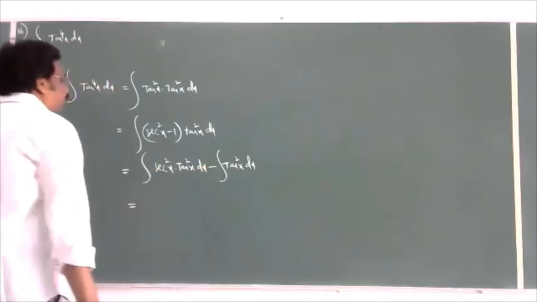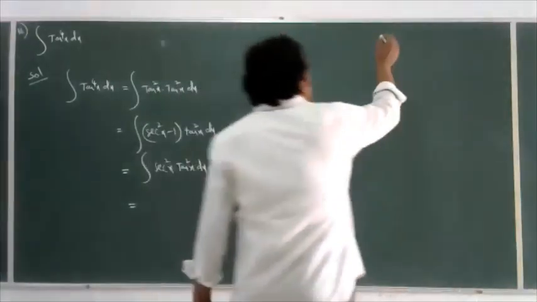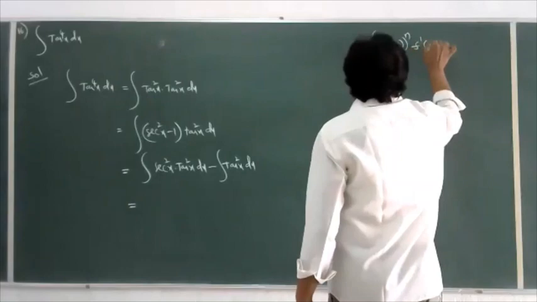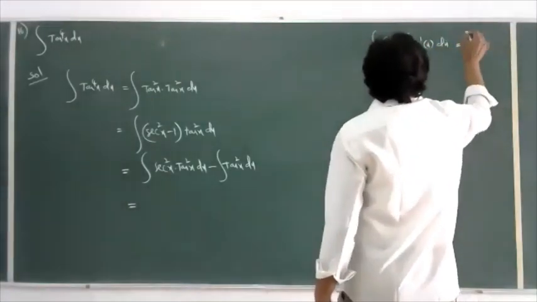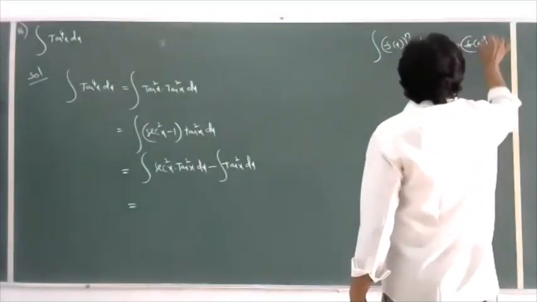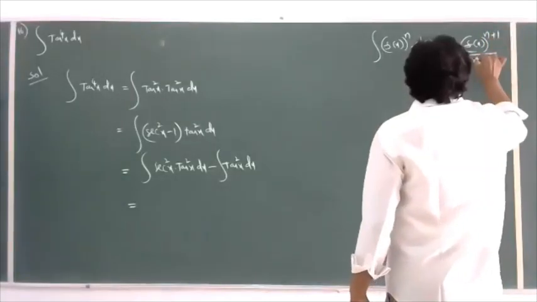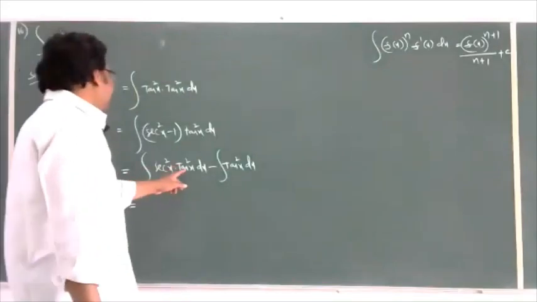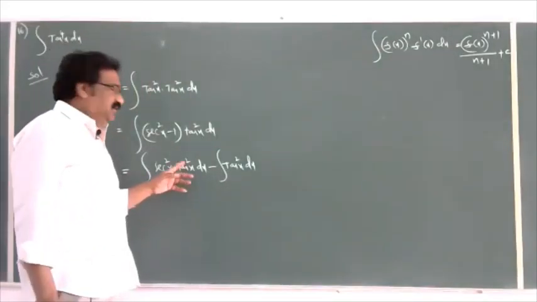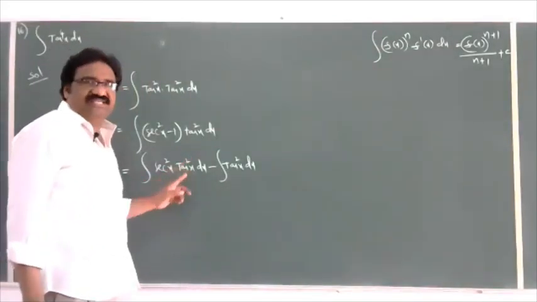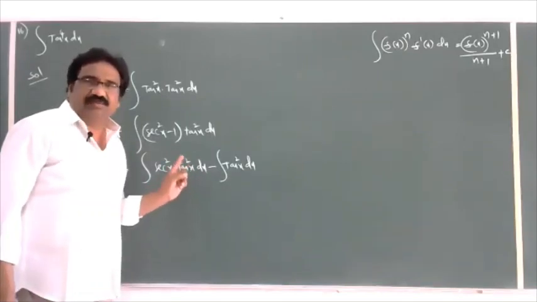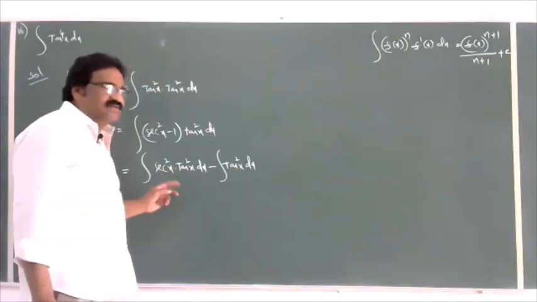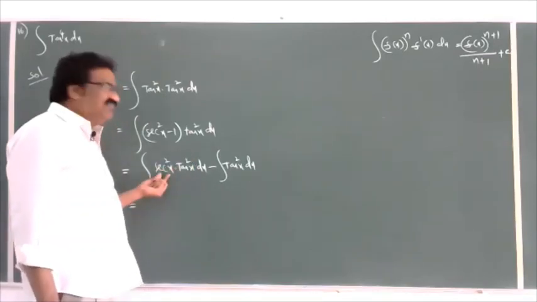Here you remember the formula: integral of f of x whole power n into f dash x dx is equal to f of x whole power n plus 1 by n plus 1 plus c. Here tan x is f of x, and tan square x means tan x whole power 2. The derivative of tan x is secant square x, so this is f of x whole power n into f dash x.